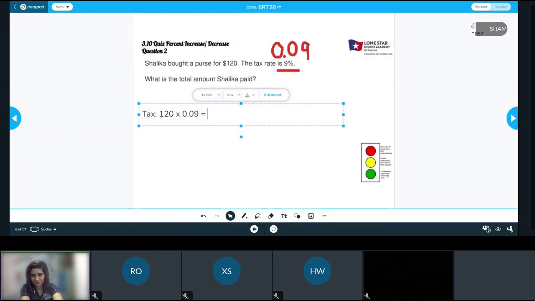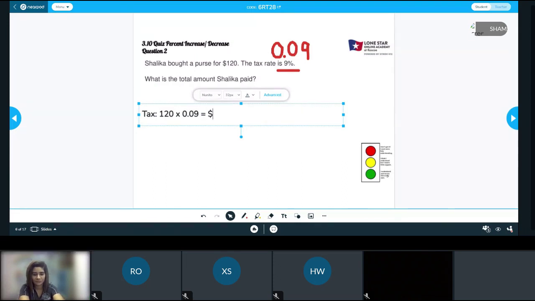It tells you how much tax you pay on $120. Everybody do the calculation. 9% of 120 is 0.09 times 120. Do calculations, put 2 decimals, and give me the answer.